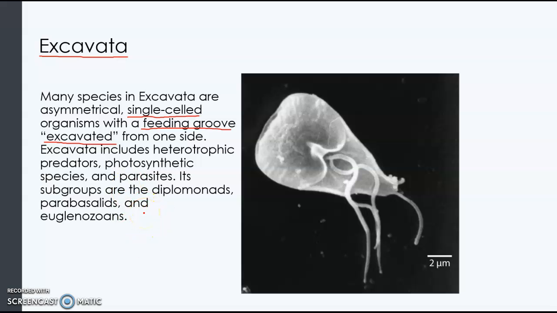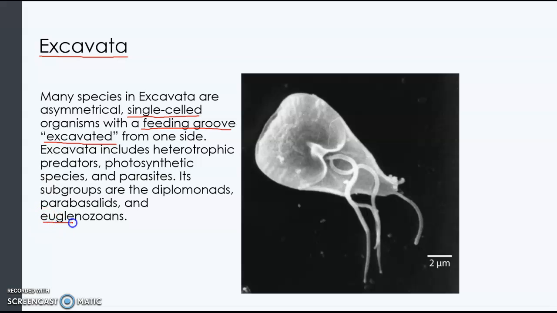There's a variety of protists or protozoans in the Excavata. There are the heterotrophic predators, there are photosynthetic species, and then there are parasites. The subgroups are the diplomonads, the Parameciums, and the euglenozoans.